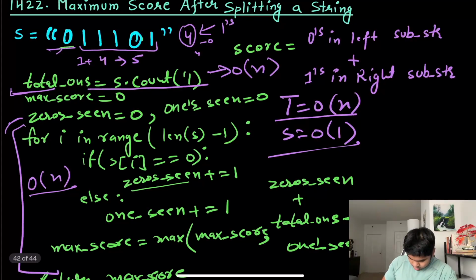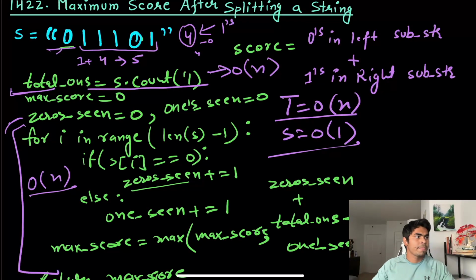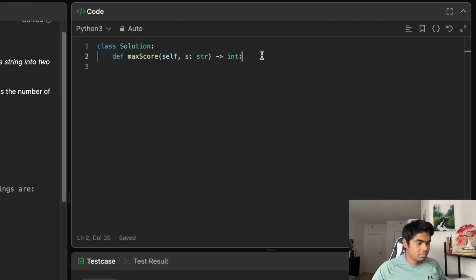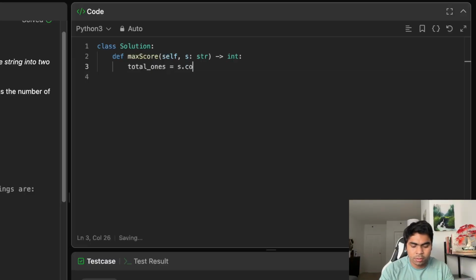So let's code it up. I'm going to have total ones, which is going to be s.count, I'll just put 1 here as a string. Then max score is going to be initially 0.